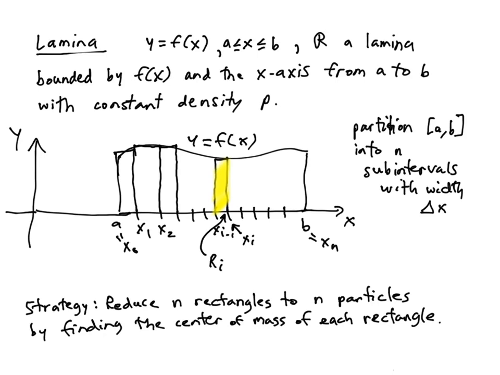Okay, so this is going to be our strategy. So what we're going to do is focus our attention now on one rectangle. Let's just say that we're zooming in and this is our rectangle. Our rectangle looks like this.